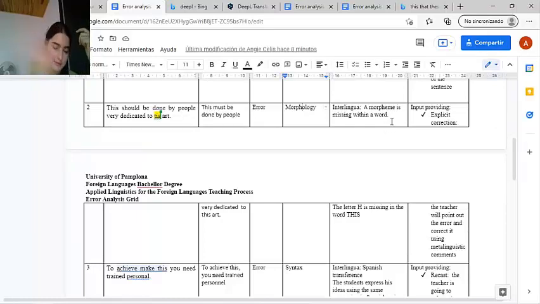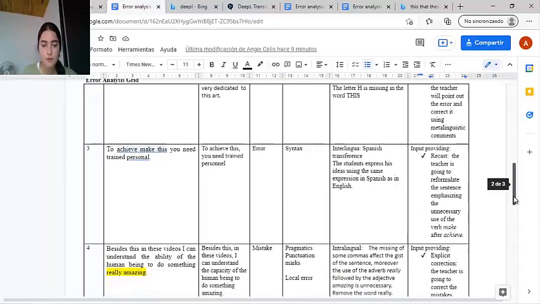Why? Because, as I said before, a morpheme is missing within a word. For the remediation, we can use input providing with explicit correction because the teacher is going to point out the error and correct it using metalinguistic comments.